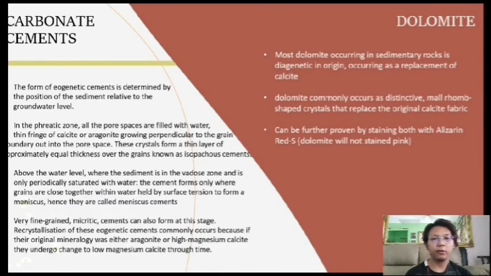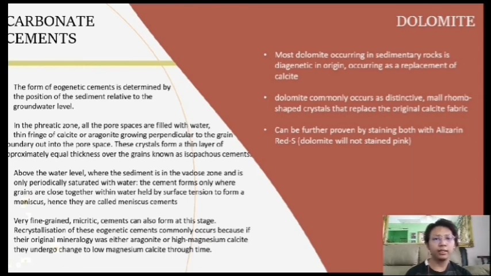Carbonate cement. The form of eogenetic cement is determined by the position of the sediment relative to the groundwater level. In the phreatic zone, in which the pore spaces are filled with water, the first stage is the formation of a thin fringe of calcite or aragonite growing perpendicular to the grain boundary or into the pore space. These crystals form a thin layer of approximately equal thickness over the grains and are hence known as isopachous cement.